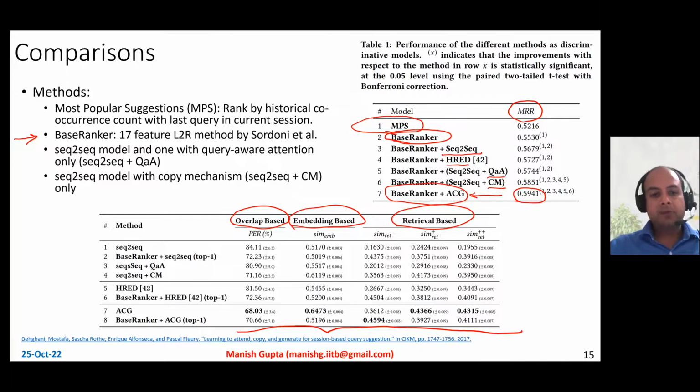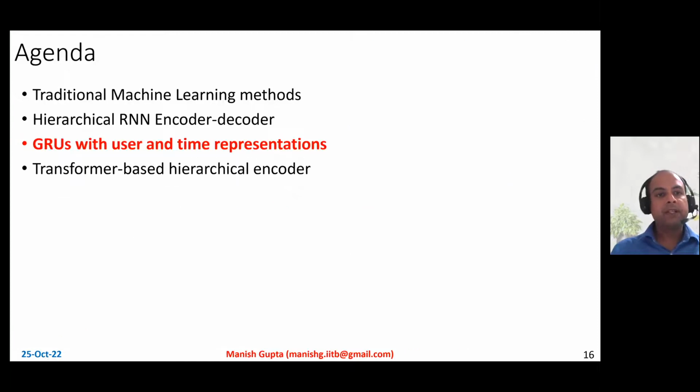So what you observe is that, yes, the ACG essentially already gives you very good results, and if you combine it with the baseline 17 features, you get even better, interesting results. So that was the hierarchical RNN encoder-decoder framework.